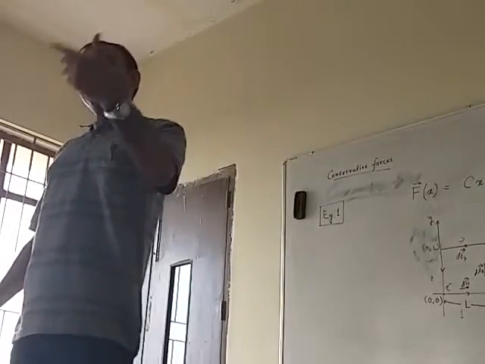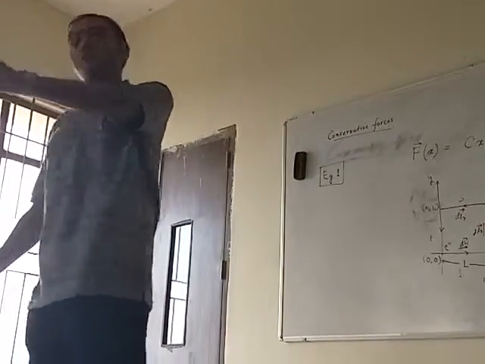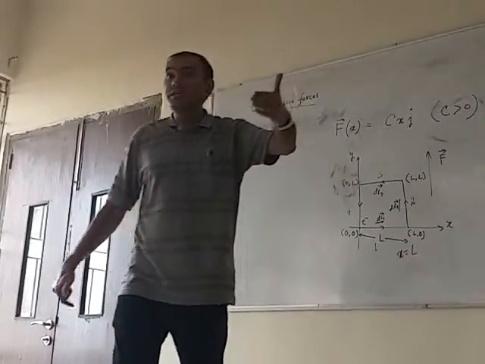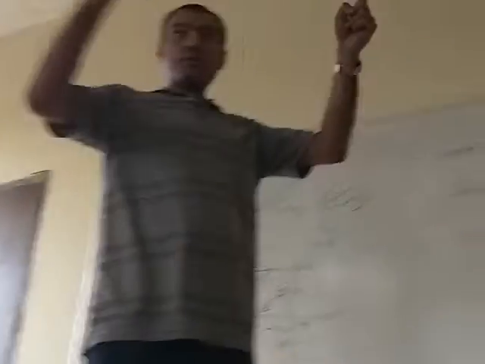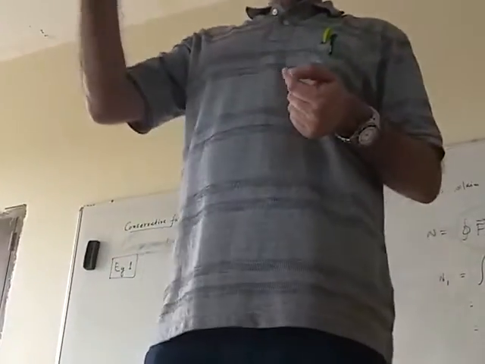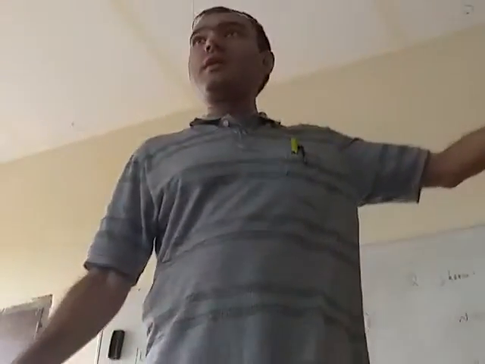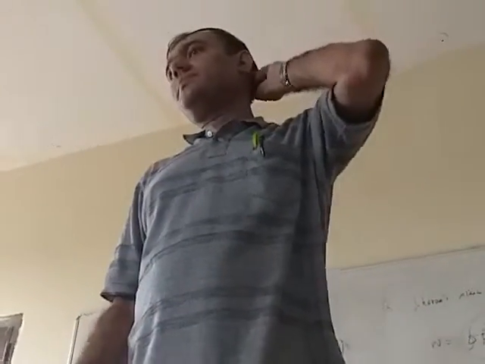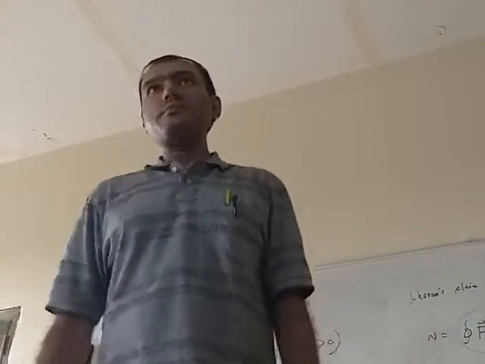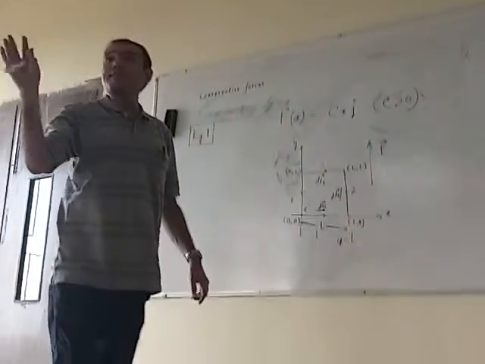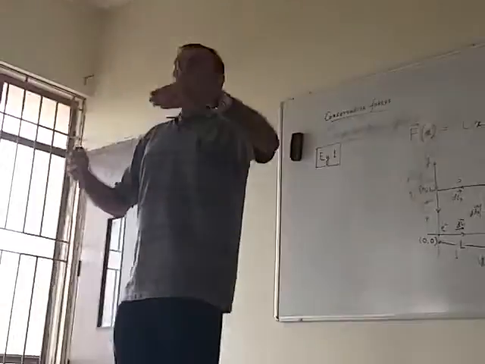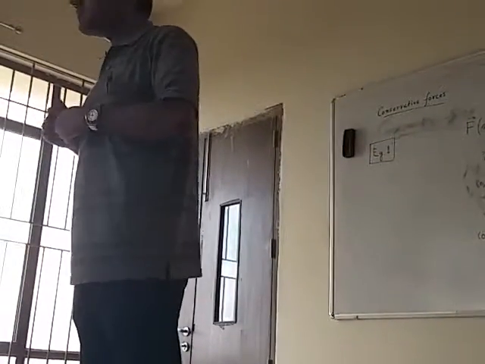So it can be a functional dependence of space, like you have here. But if the functional dependence is such that the closed loop integral, the work done and so on, gives you 0, then it's conservative. This is just to emphasize the fact that having a functional dependence does not automatically tell you whether it's conservative or not.